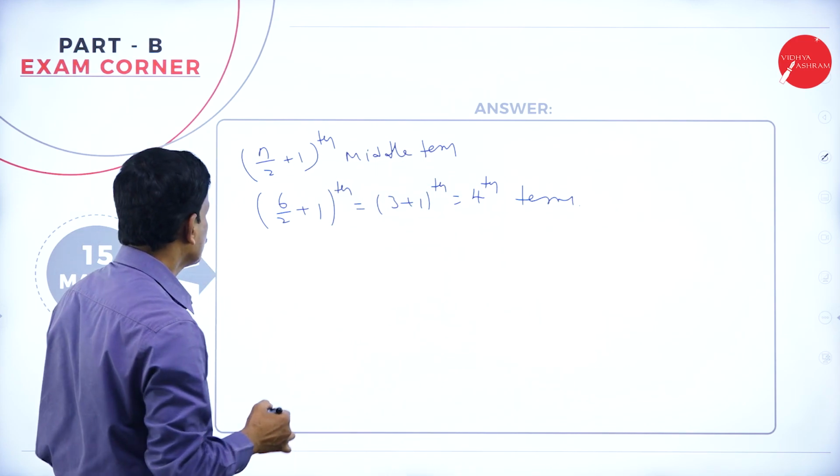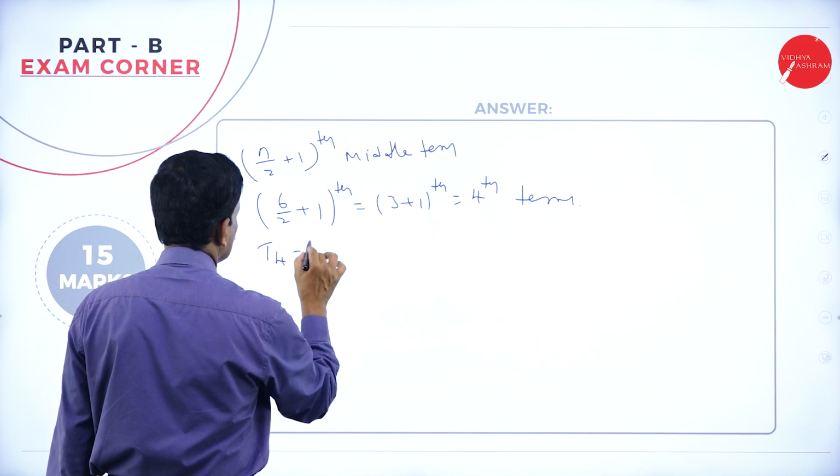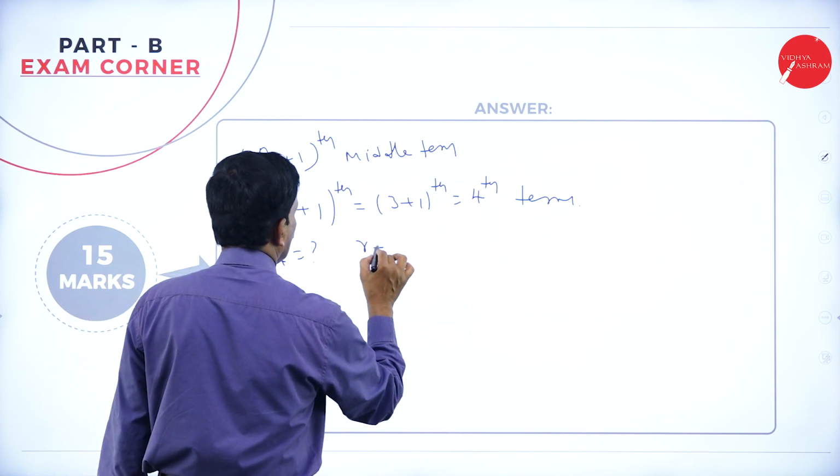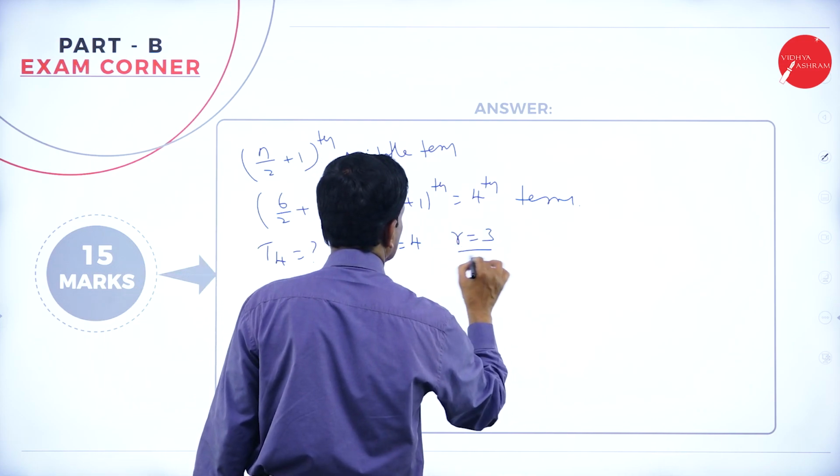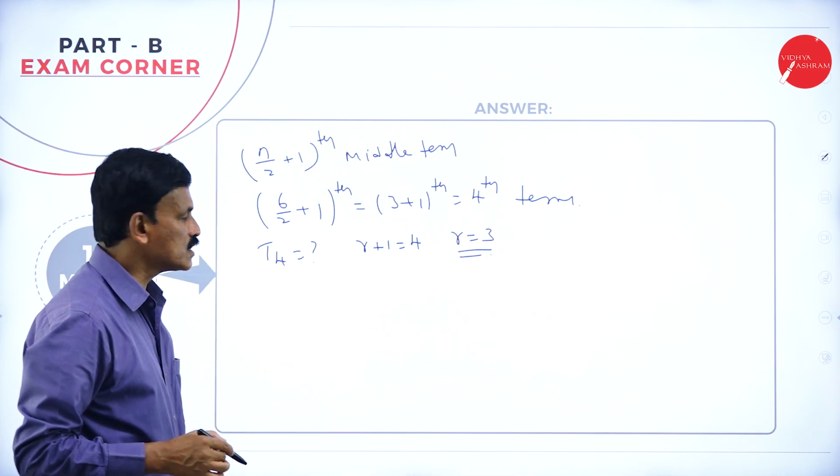Now, to find the 4th term, T4 is the question mark. To find the 4th term, r plus 1 is equal to 4 means r is equal to 3. That's it. Now, put r is equal to 3.